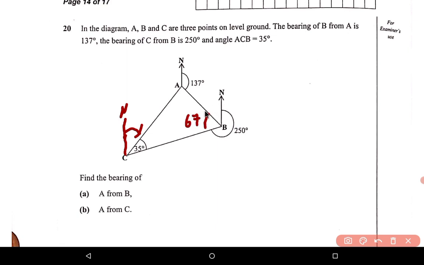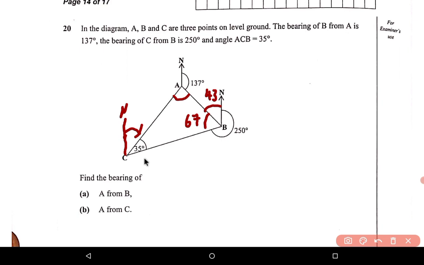And here we found 43. So we are asked to find this bearing here. The way we can do this, we can add this and this, then subtract from 180. Remember, it's a triangle. Triangles add up to 180. So that will be 67 plus 35.